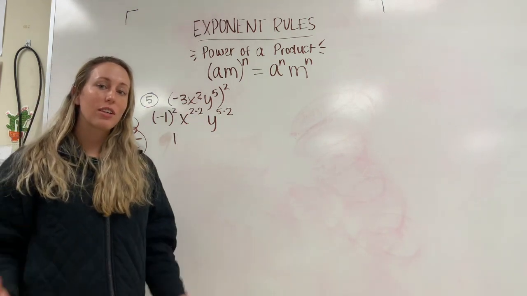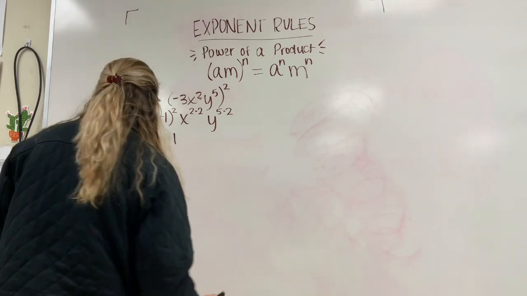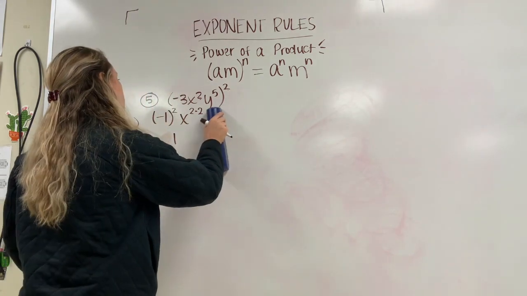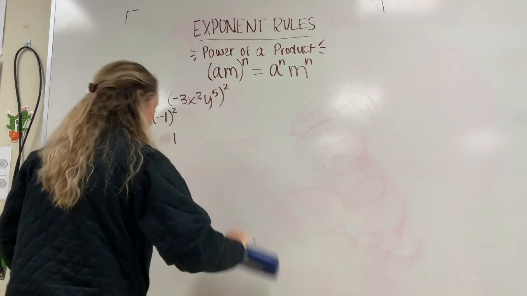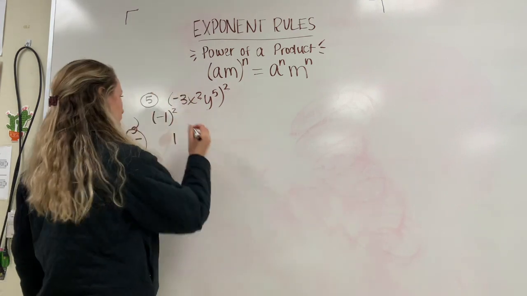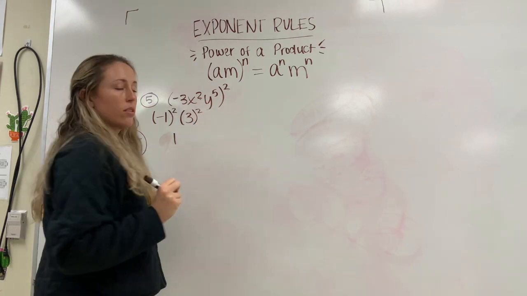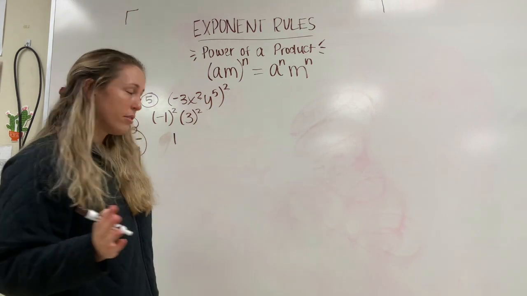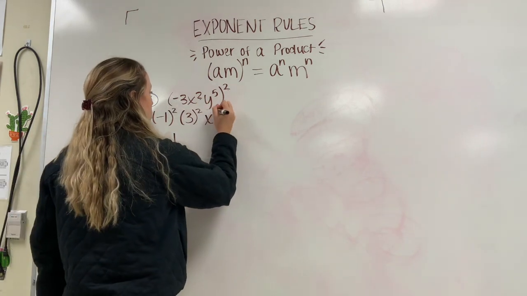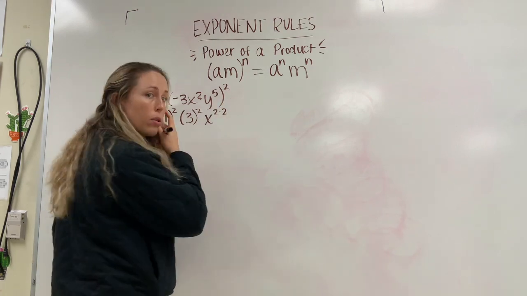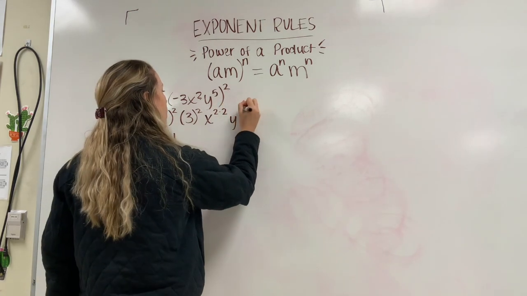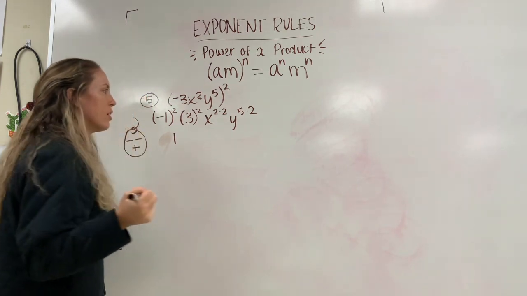Y'all, I forgot the 3. We had a 3 in there, and y'all didn't even say anything. We have to square the 3 also. Okay, and then we got x squared times 2, and y to the 5 times 2.